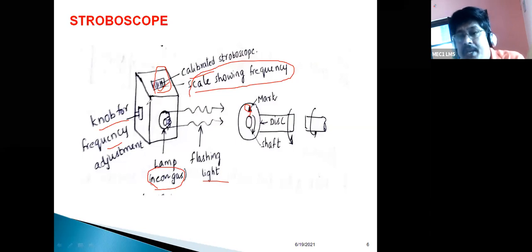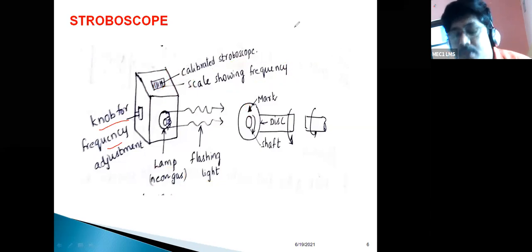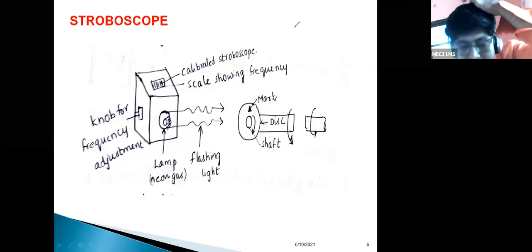Even though it rotates, the mark appears stationary, and it appears bright. Until that, we have to adjust the knob, right? Then whatever frequency you adjusted is proportional to the speed of your rotating shaft. So any questions? Any questions, Umar?